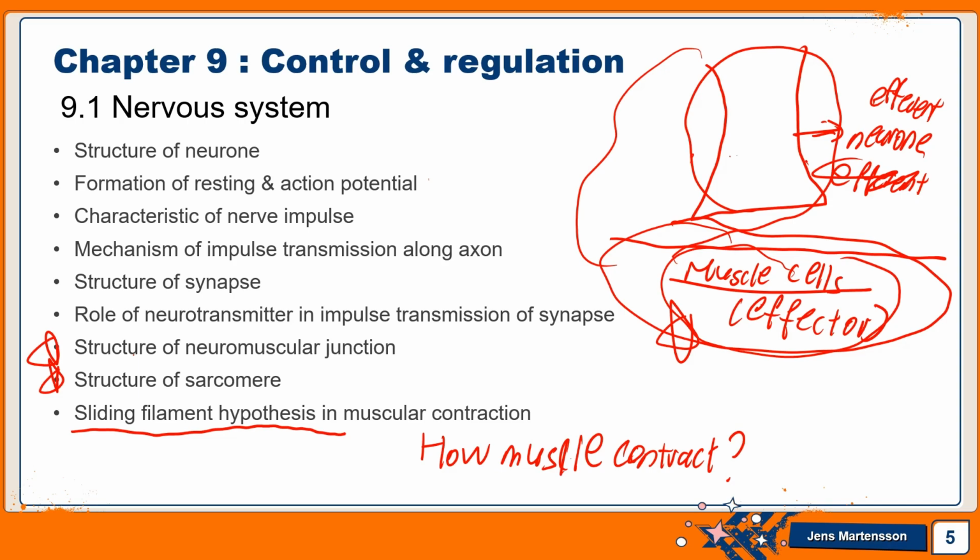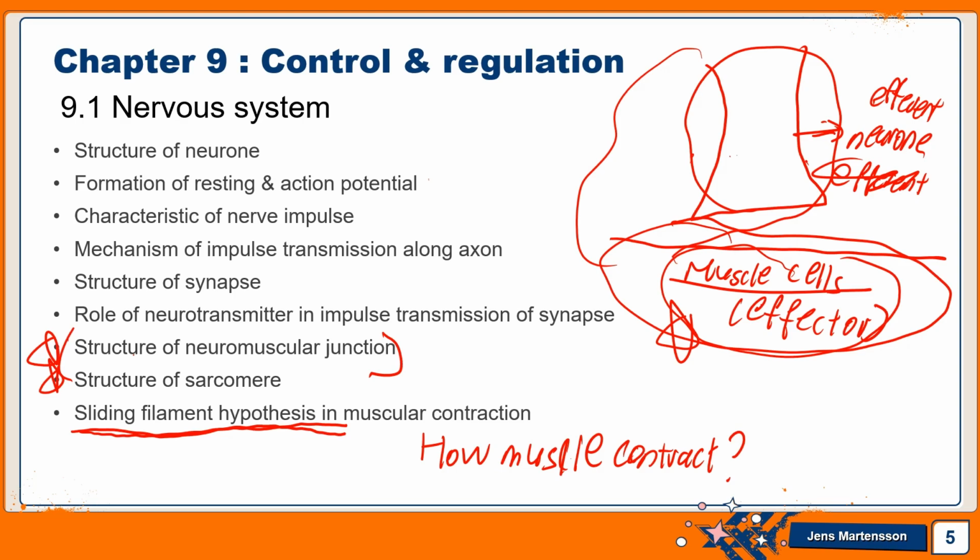But how does the muscle contract? Due to this sliding filament hypothesis. But before you learn this hypothesis, you have to know these two structures first, because these two structures are related to this hypothesis.